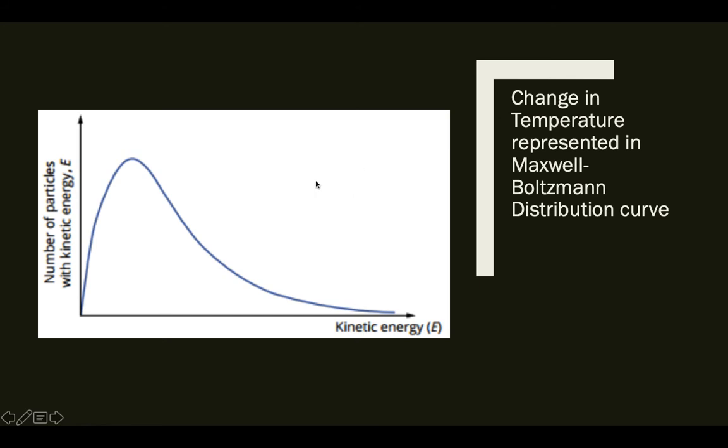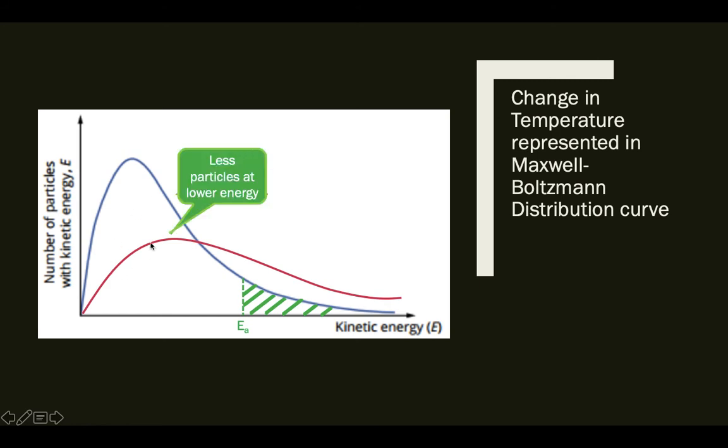So initially, you have this much of particles that's above activation energy. But when you have increased temperature, you have fewer particles at lower energy and more particles at higher energy.